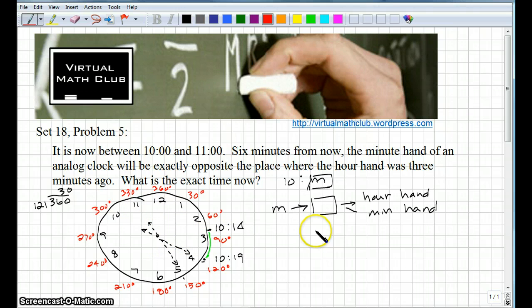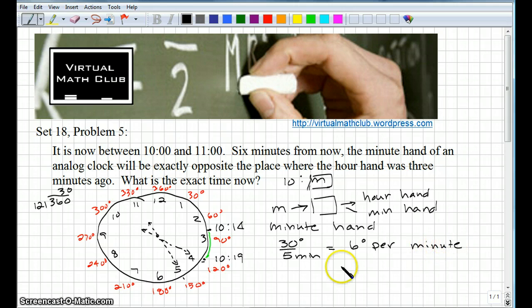Alright, well, so we know that every 5 minutes the minute hand travels 30 degrees. So we have, let me go back to black here. Alright, so the minute hand, okay, we've got 30 degrees in 5 minutes, so that's 30 degrees per 5 minutes, or we can write that as 6 degrees per minute.